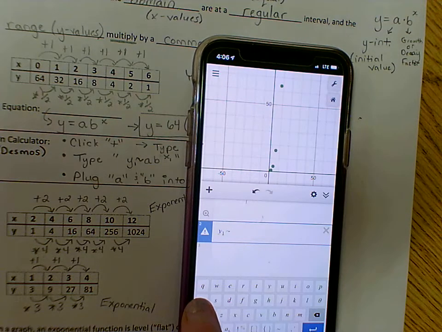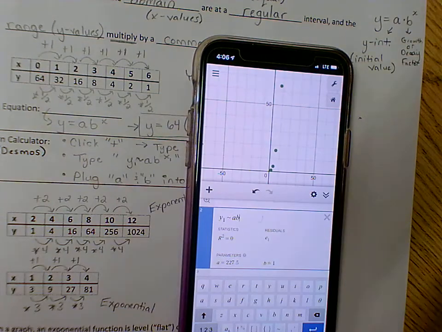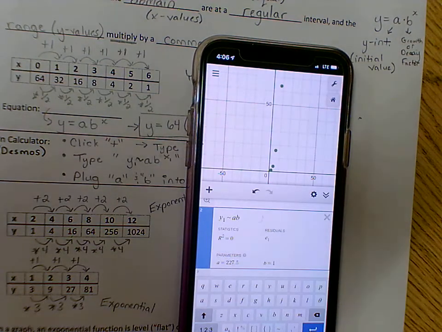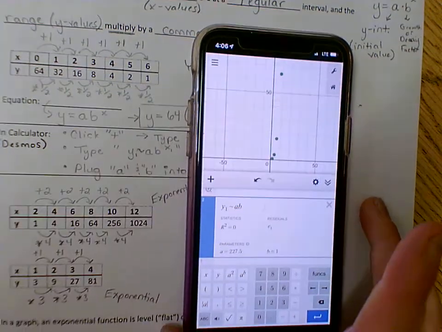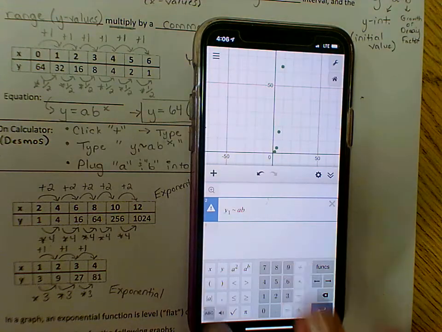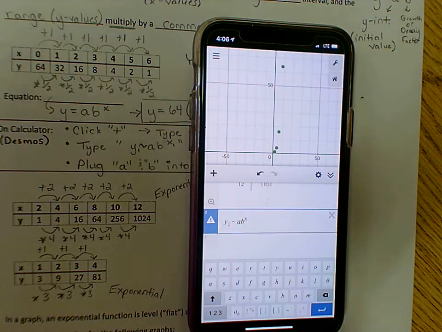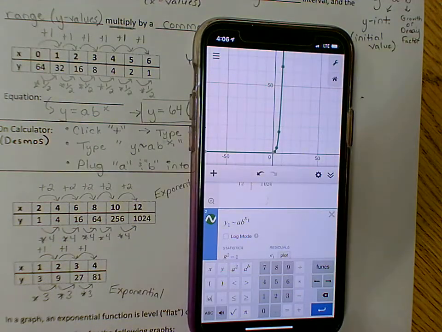And then the equation for an exponential is a times b, so I'm going to type in ab. And then it's to the x power. So to pull up the little x, you hit the a to the b button, and it's going to go up as the exponent. Then you type in x, and you have to make the x match, so you type in an x1, okay?